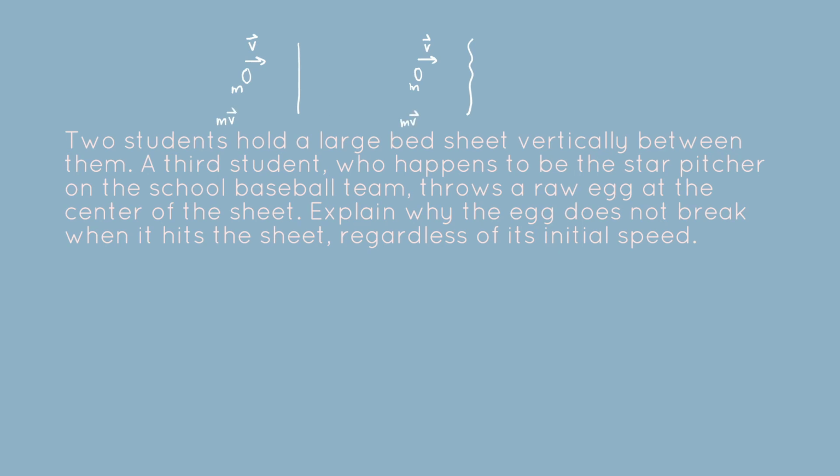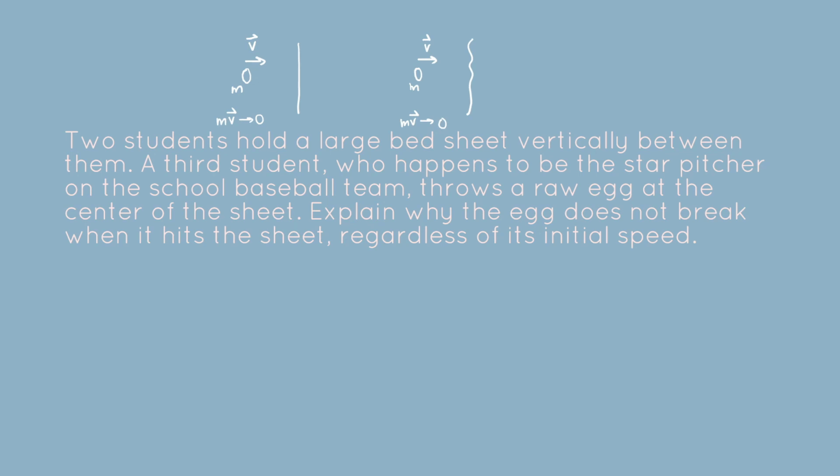When you throw an egg against a surface, the surface will exert a force on the egg to cause it to come to a complete stop. If you don't believe me, you can try to throw an egg against the wall. So you want mv to go to 0 in both cases, so the change in momentum is the same.